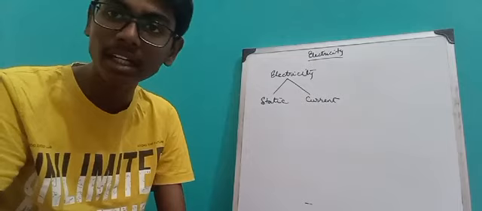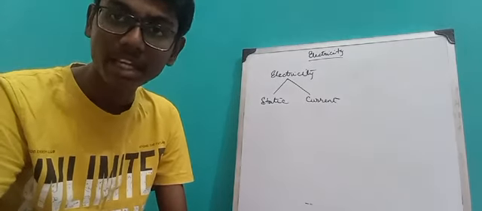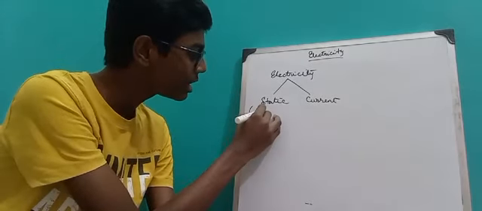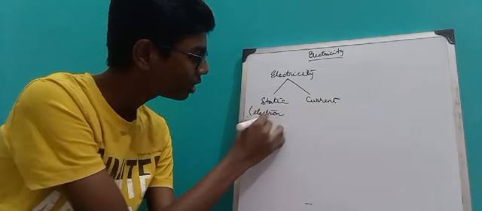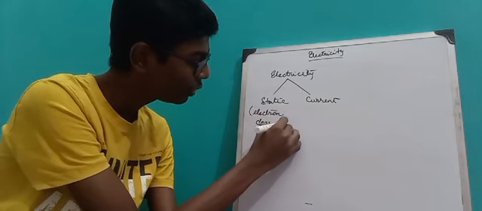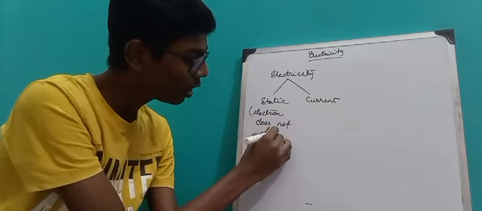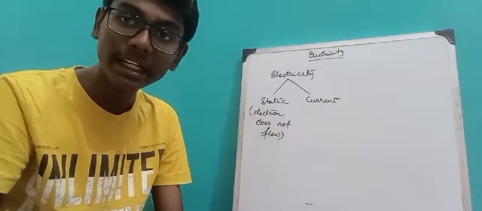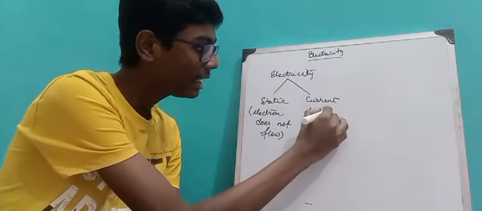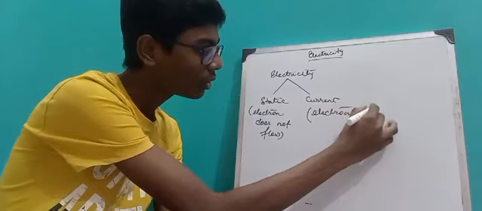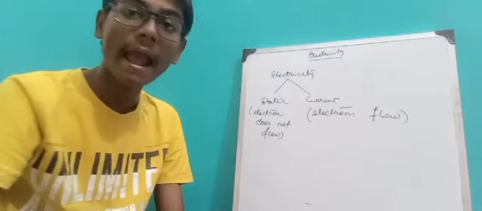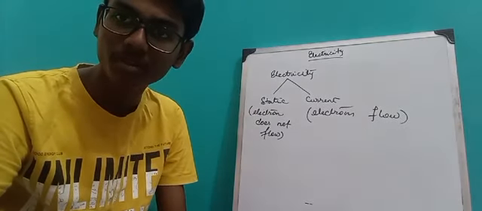Static electricity is when electrons do not flow. They stay on objects. But in current electricity, electrons flow and they do not stay on an object.